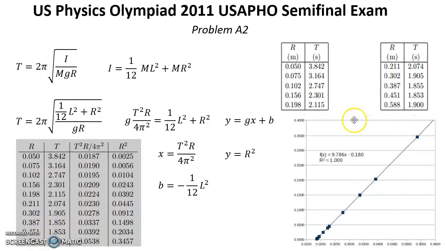The graph will look like this, and from this graph we can find the slope of this straight line and the coefficient b where it crosses the axis. So finally we can find that g equals 9.179 meters per second squared and L equals 1.47 meters. So that's the result.